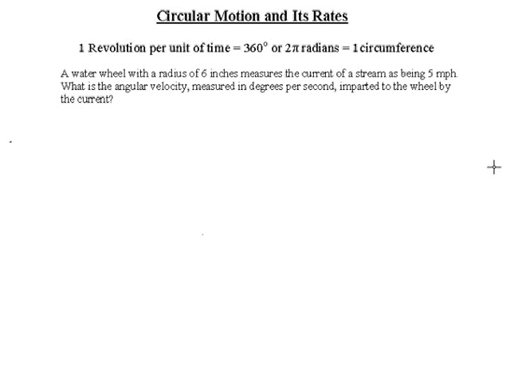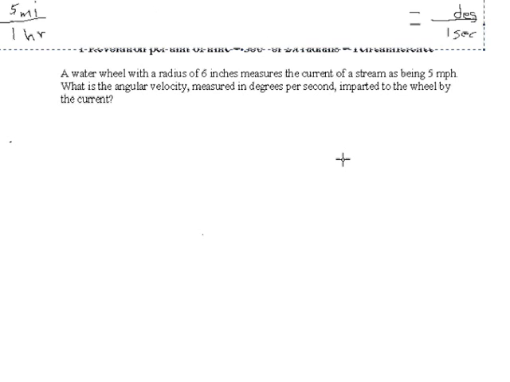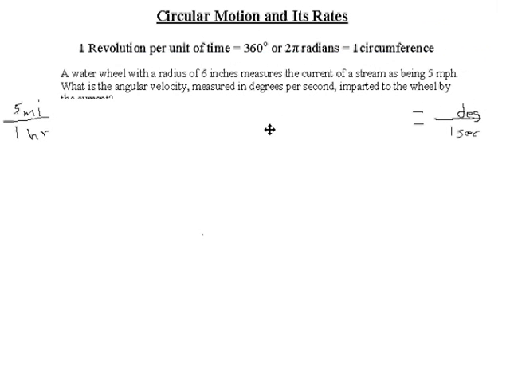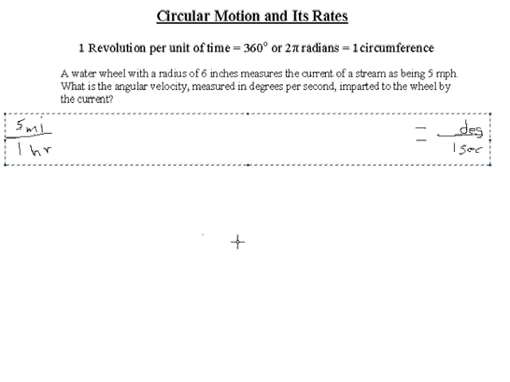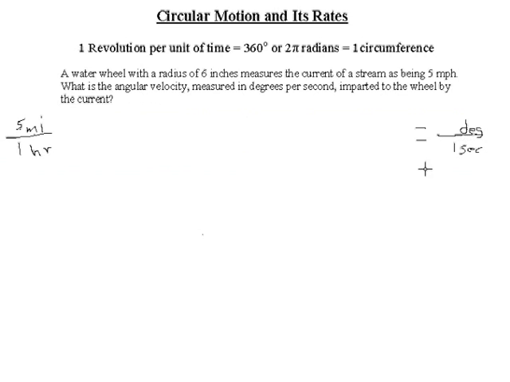In this third part of our three-part series on circular motion, we want to do an example that changes from a linear velocity to an angular velocity. To do that, we can proceed as we have in the previous video, and let's write down the particular velocity relationship that we know, and where it is that we want to end up.